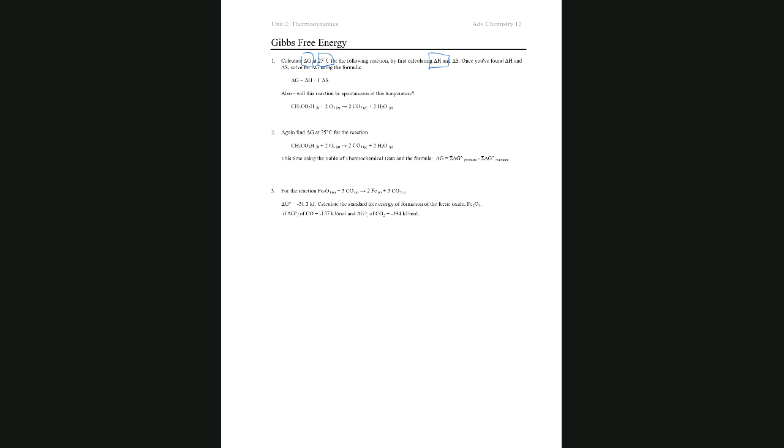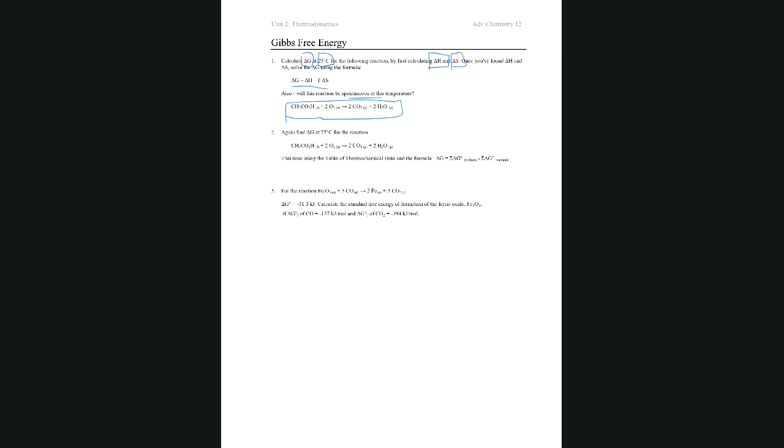You're going to use those two equations using formation values like I was talking about a moment ago. And then you put those into the Gibbs free energy equation, and then decide based on the result of the Gibbs free energy, is this reaction going to be spontaneous at this temperature? Here is the reaction that you are doing it for.